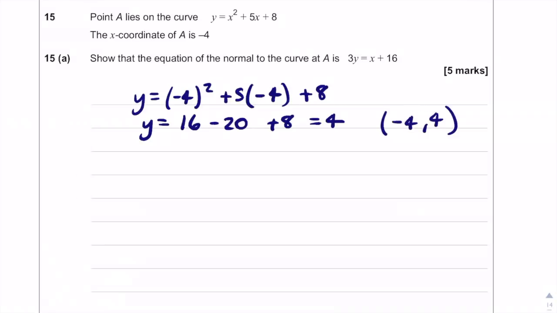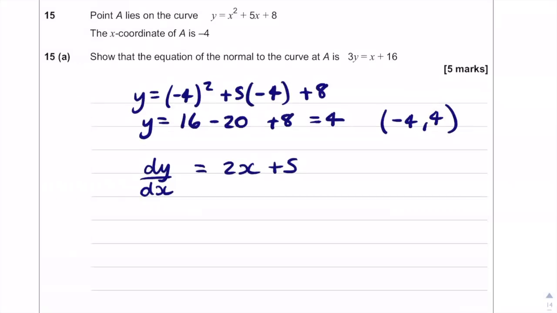So to work out the equation of the normal, first we need to work out the equation of the tangent and then find the perpendicular gradient. So we can find the gradient of the tangent by differentiating our equation. So the derivative will be equal to 2x plus 5. We can then substitute minus 4 into this to get our value for the gradient.